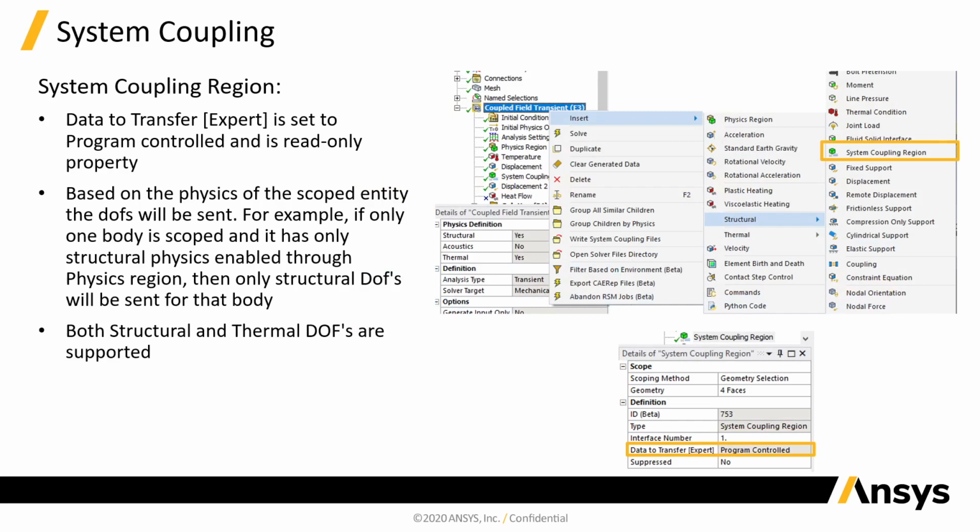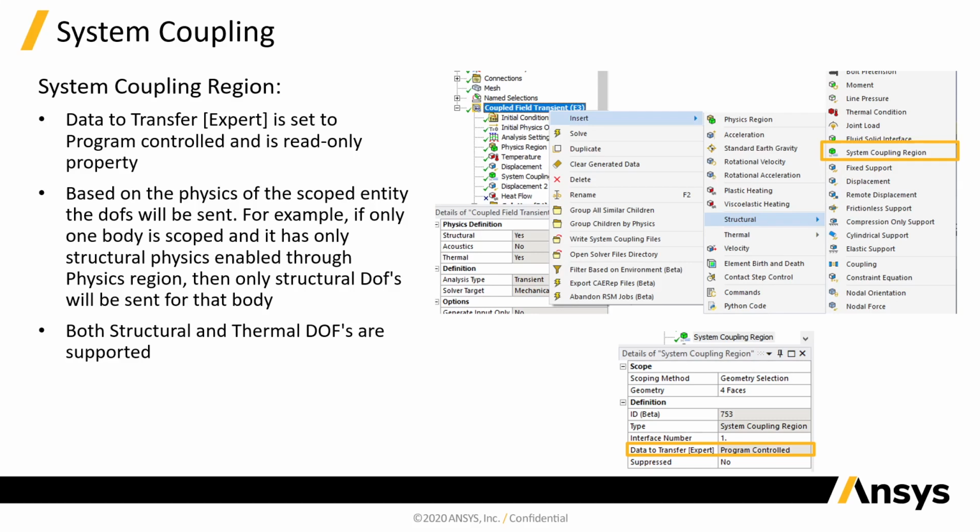And for the structural variables, for example force and displacement, we can transfer them to CFD. And then, as always, you have your right mouse function, so if I click on the coupled field transient in the mechanical tree, you right click, you can insert, for example, different regions. So you can either insert structural or thermal region, and then if you define structural here, system coupling, you will get an automatic program controlled type of transfer of variables.